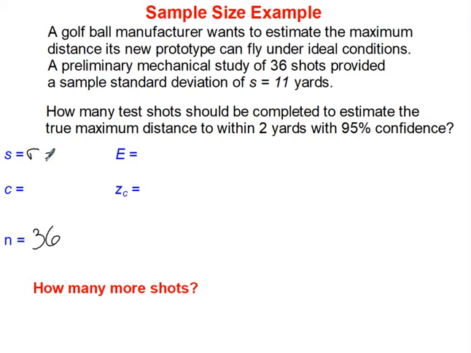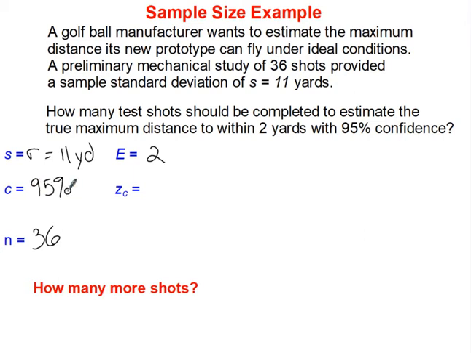From those 36 shots, they got a sample standard deviation of 11 yards. How many test shots should we complete to get a maximum distance within 2 yards? So their average they want to claim is going to be within 2 yards, whether it's plus 2 yards or minus 2 yards, at a 95% confidence level.